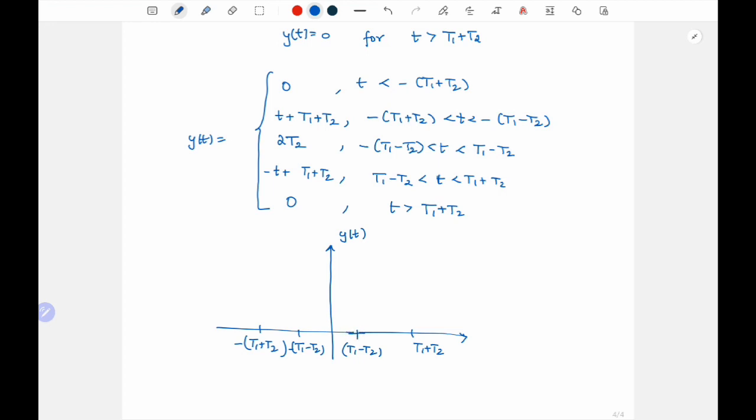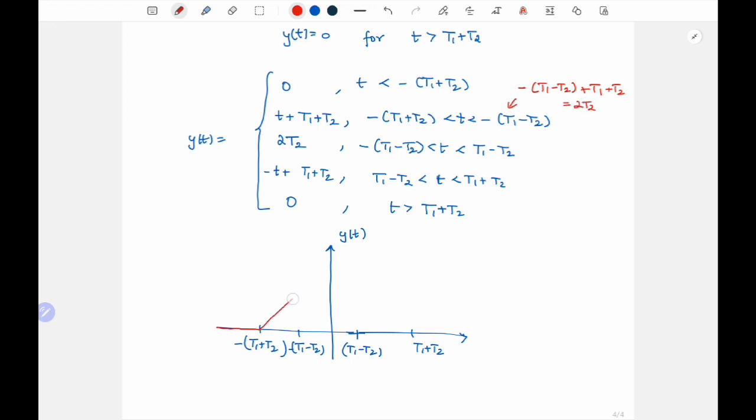So now we are ready to plot. In this region, the signal y of t is 0. And then it ramps up. What will be the final value here? It starts from 0 and goes up to minus of t1 minus t2 plus t1 plus t2. So it goes up to 2t2.